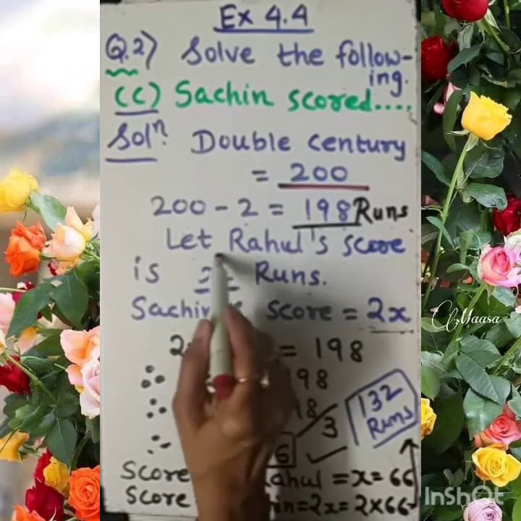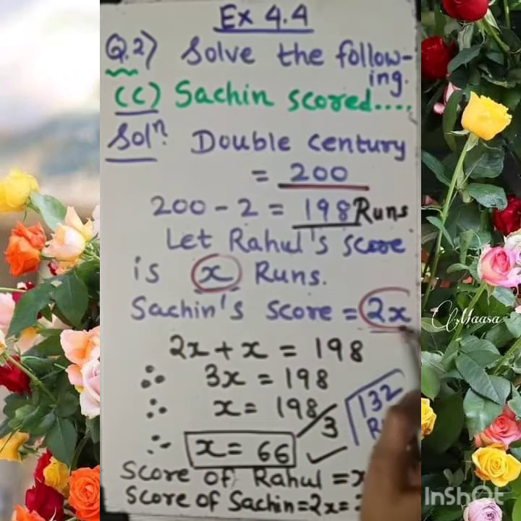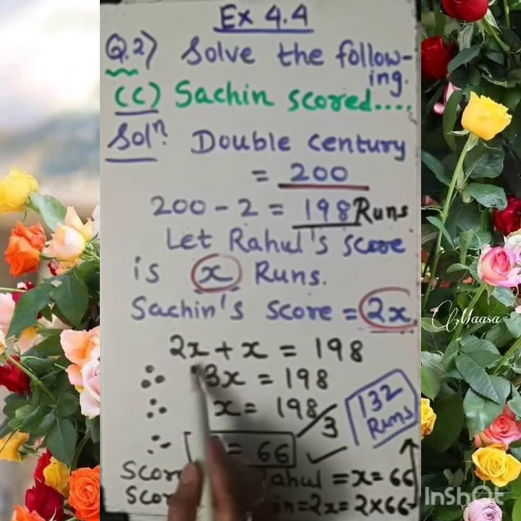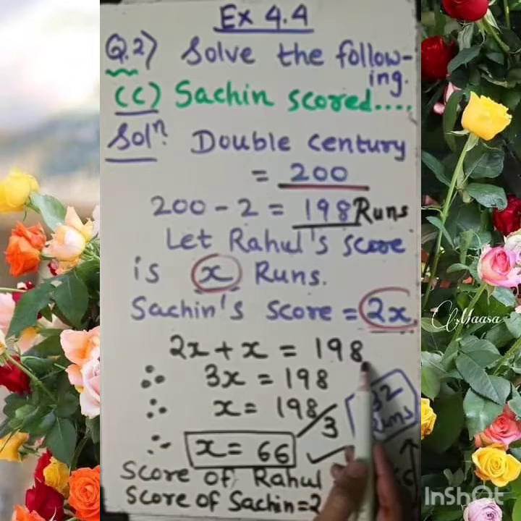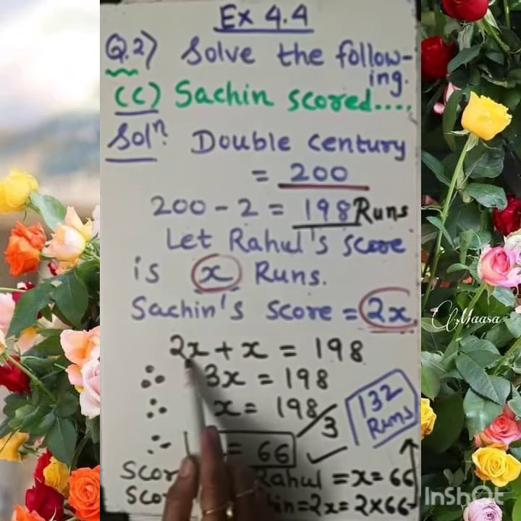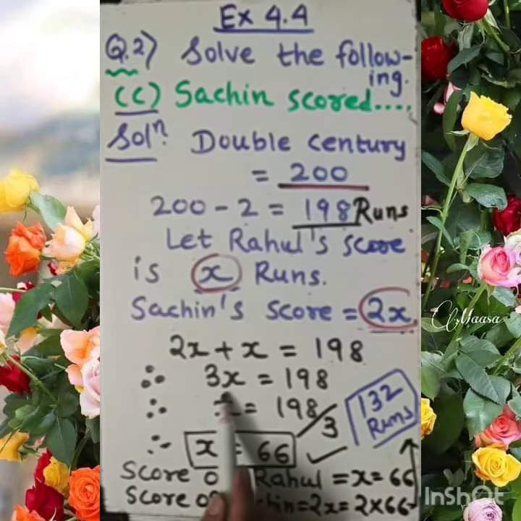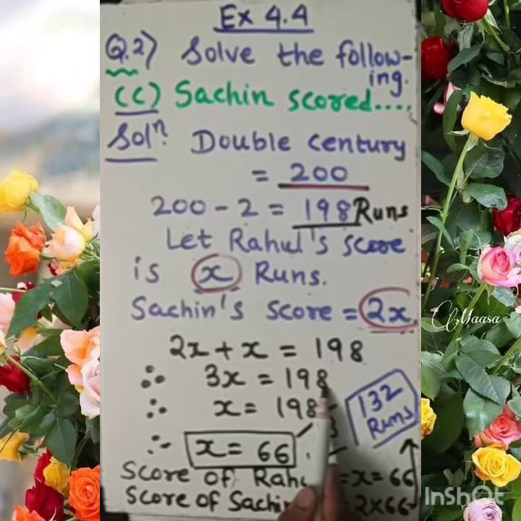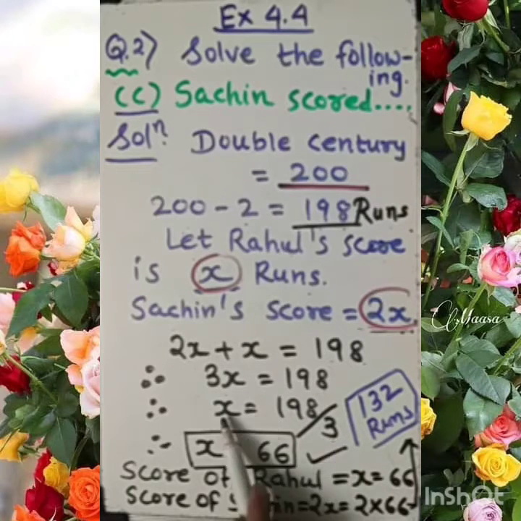Now, both of these scores I am putting together. So x plus 2x equal to 198. We know, dear student, 2x plus x is 3x. 3x equal to 198. So x equal to 198 divided by 3. The simplification is coming 66.